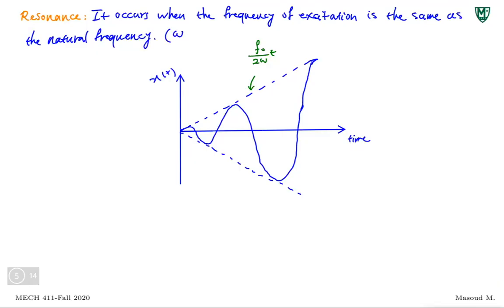Omega becomes equal to omega n. It's a very important concept.